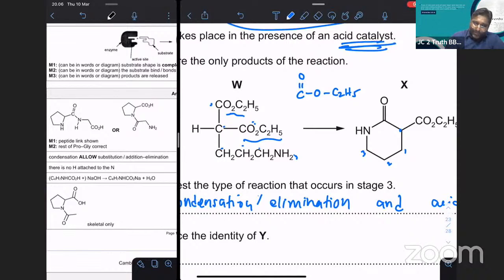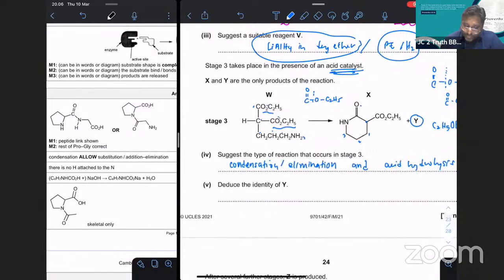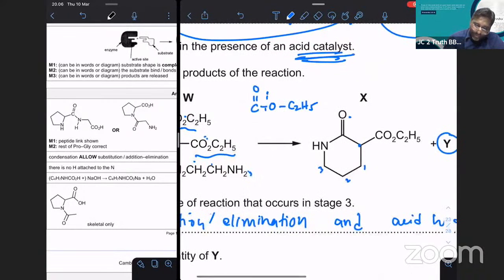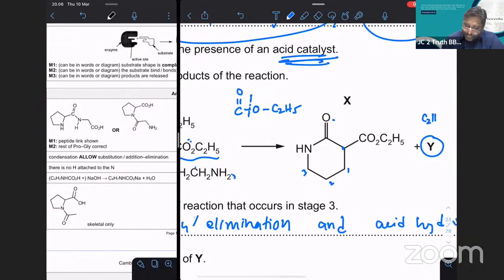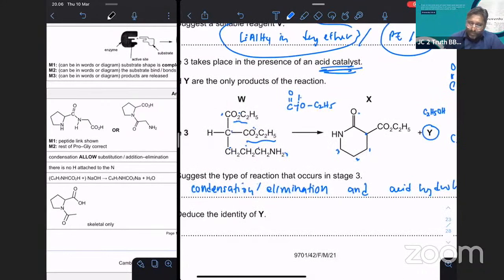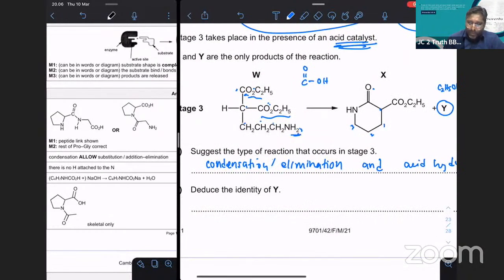So when you break the bond, because here there is only one O, the other O is gone to become the product Y. When this is broken, you have C2H5OH, that is going to be product Y. Once that is broken, you get a carboxylic acid, and the carboxylic acid can react with the amine. The hydrogen from here and the OH over here will join, and they form the cyclic compound.